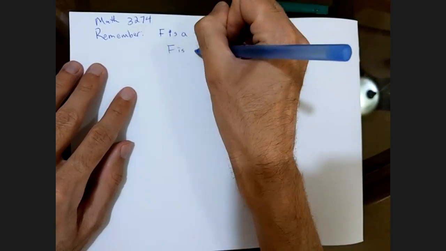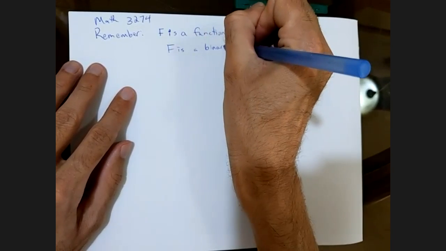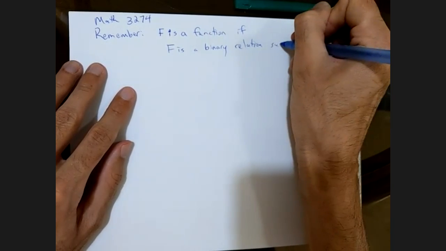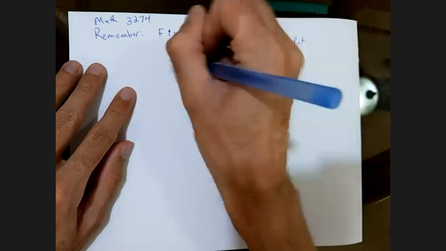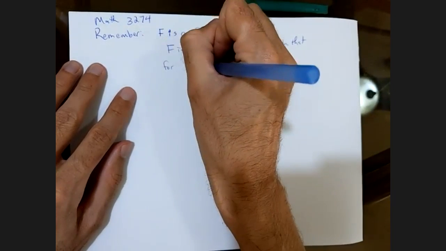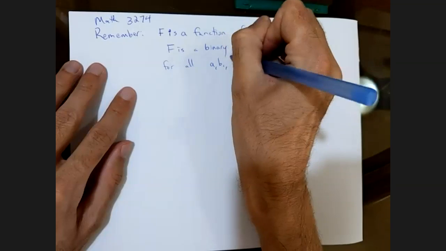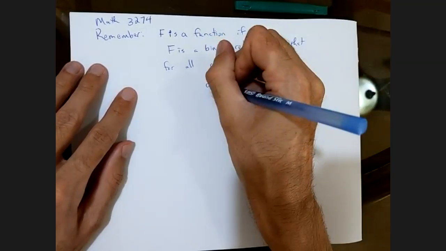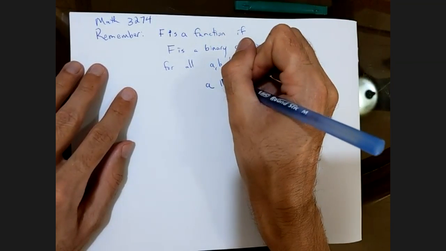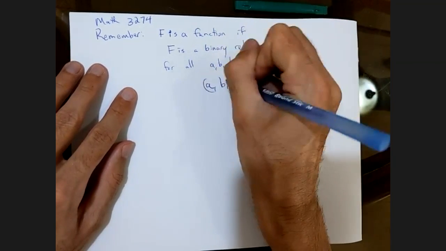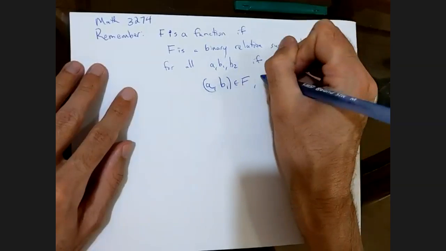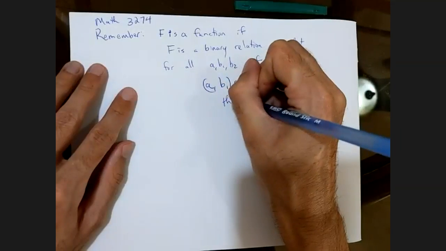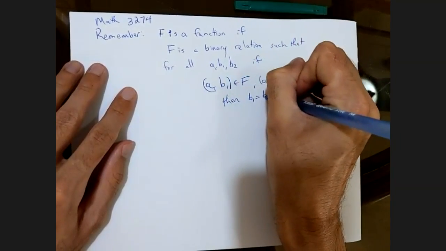Well, you have a binary relation such that for all A, B1, and B2, if (A, B1) is in F and (A, B2) is in F, then B1 equals B2.